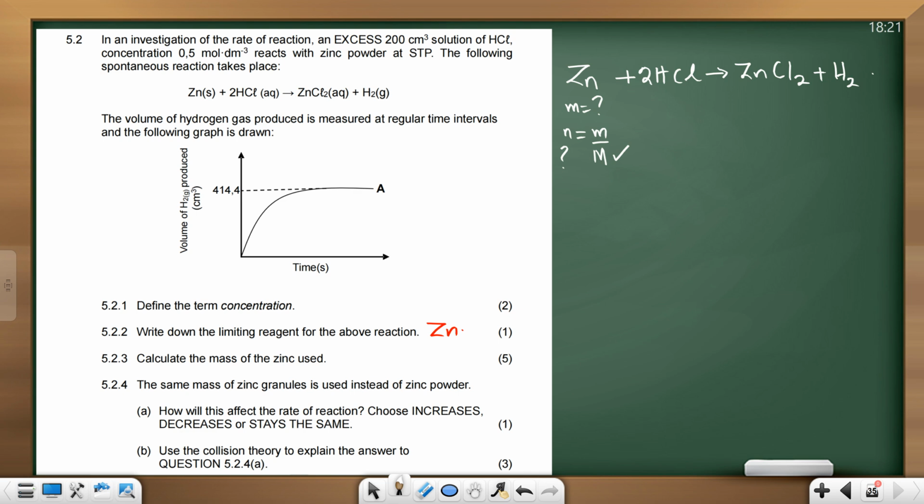But what do I know about H2? I know the volume. The volume of H2 is 414.4. Can I then find the number of moles here? Yes, because I have volume. Number of moles is volume over molar volume. And they told me this is at STP.